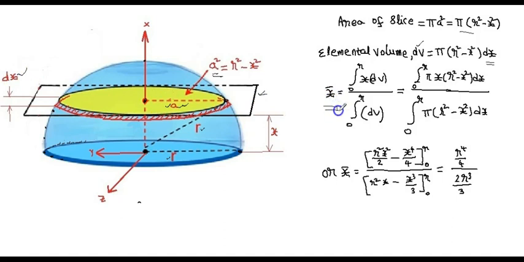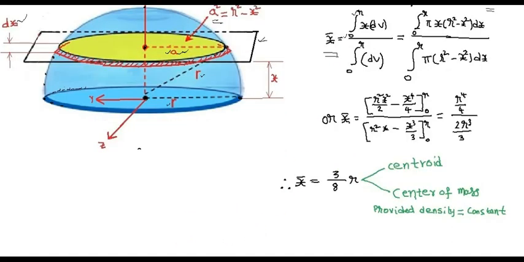Thus we write the formula for the centroid as integral x dV over integral dV. Note carefully that the limits of integration are 0 to r. If you simplify, you will get x bar as 3/8 of the radius.